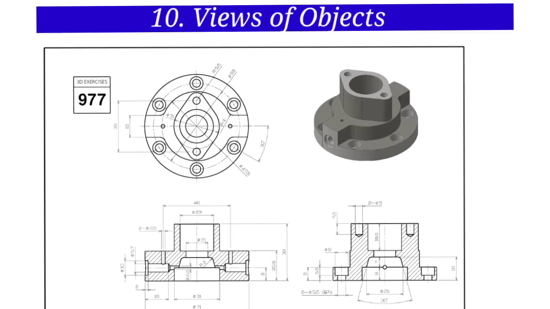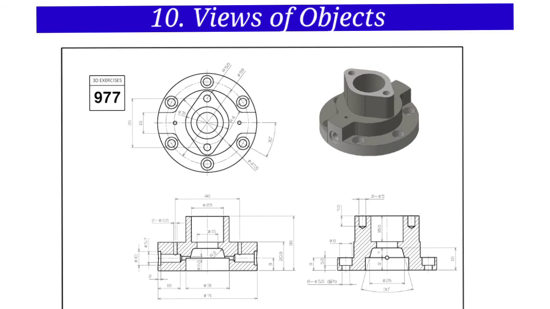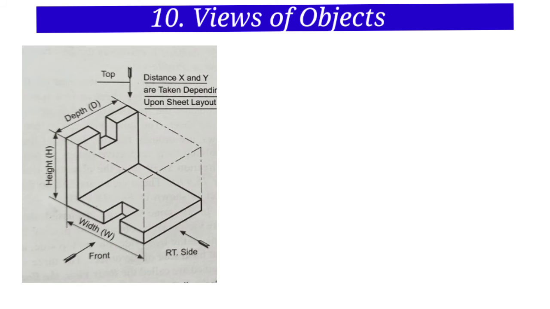Each view provides definite information. If the view is taken in a direction perpendicular to a principal face of the object, every object has three principal dimensions, that is, width, height and depth, as shown in the figure.